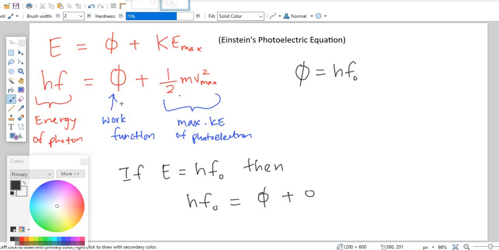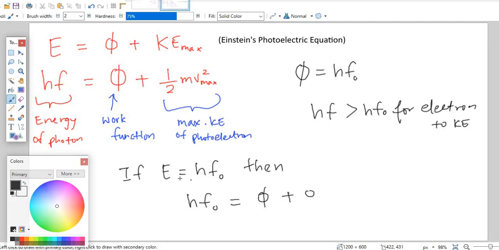Then only the photoelectron will have kinetic energy. So hf has to be greater than hf naught. f naught is the threshold frequency for the photoelectron to have kinetic energy, for the electron to be moving and to leave the metal surface.